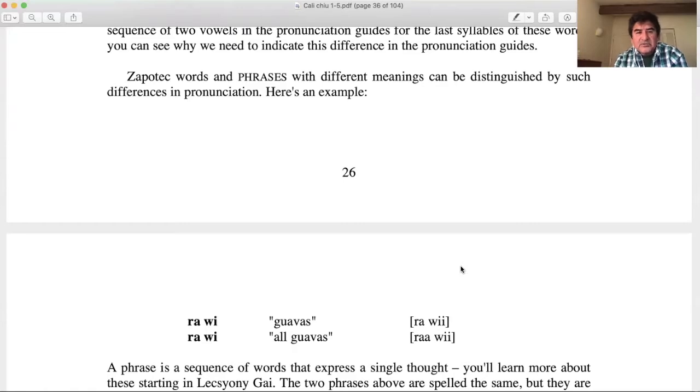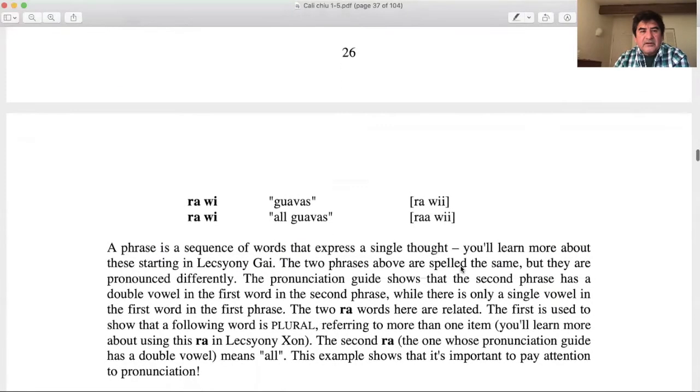And then in the next one, it says all wabas, and it is pronounced rawi again. So if I say wabas, it's rawi, and if I say all wabas, it's rawi again.